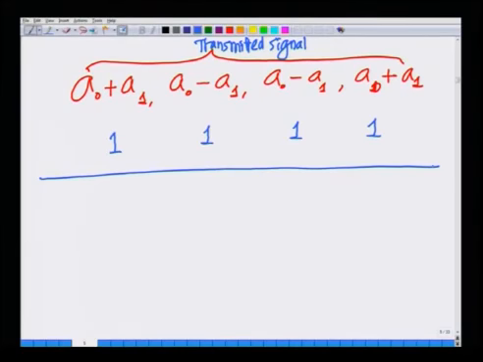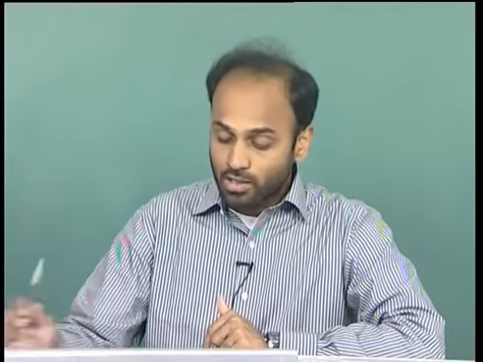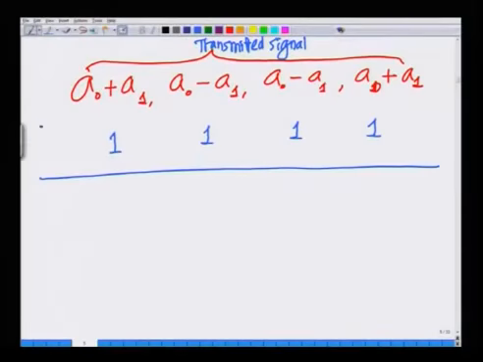I am going to take this signal that is transmitted over the air at user 0, and multiply with the code of user 0, that is C0. So, I am taking the code of user 0, which is 1, 1, 1, 1, multiplying this signal with it, adding them up. Let us see what we get.